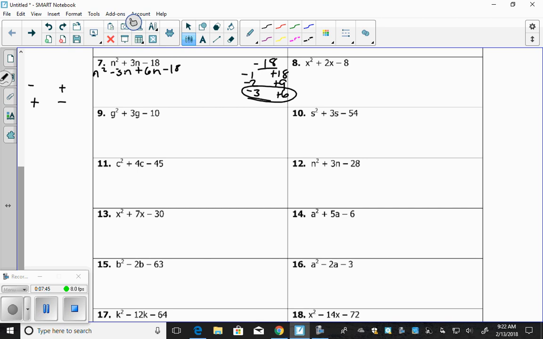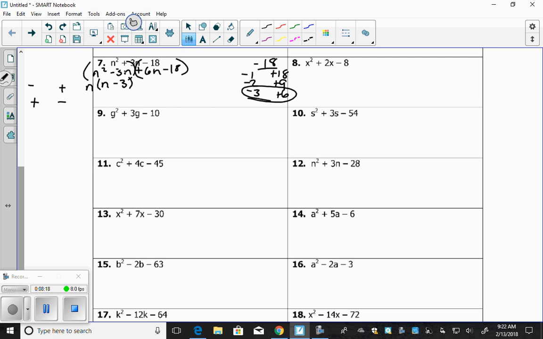What's my next step? Group. Next step is group. So put parentheses around your numbers. Okay? So group. GCF. What's common? N. What's left? Okay?